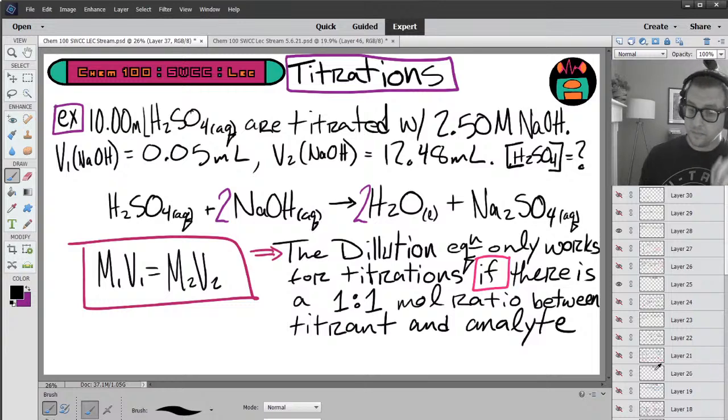All right. If you have a 1-to-1 ratio between titrant and analyte, this equation will work. If you don't, it will give you the wrong answer.